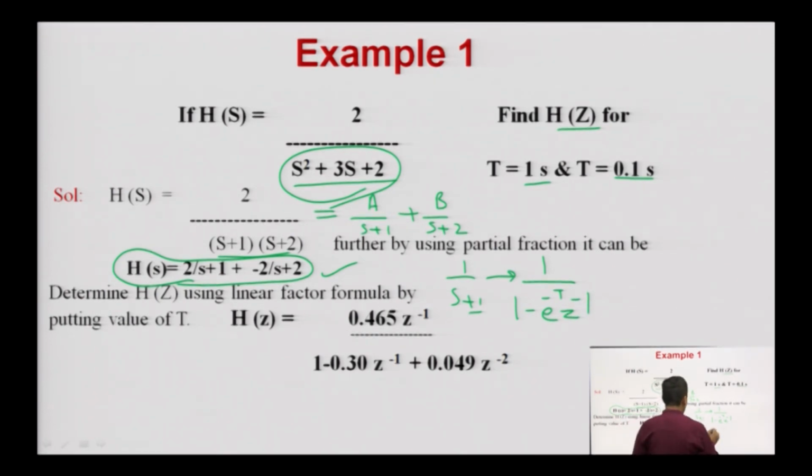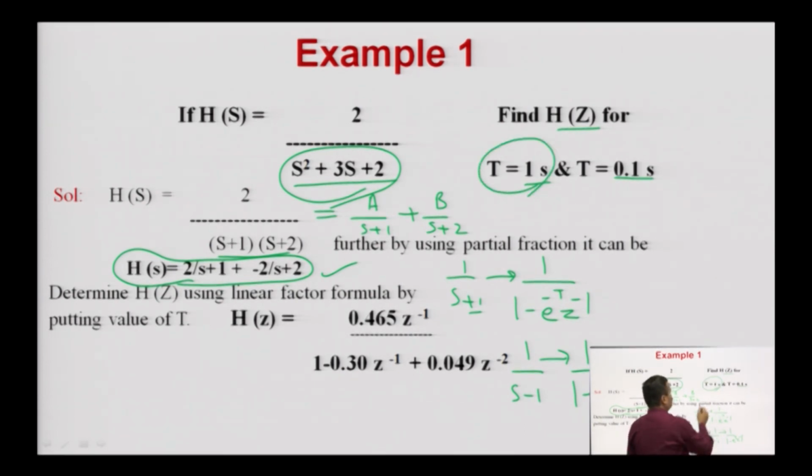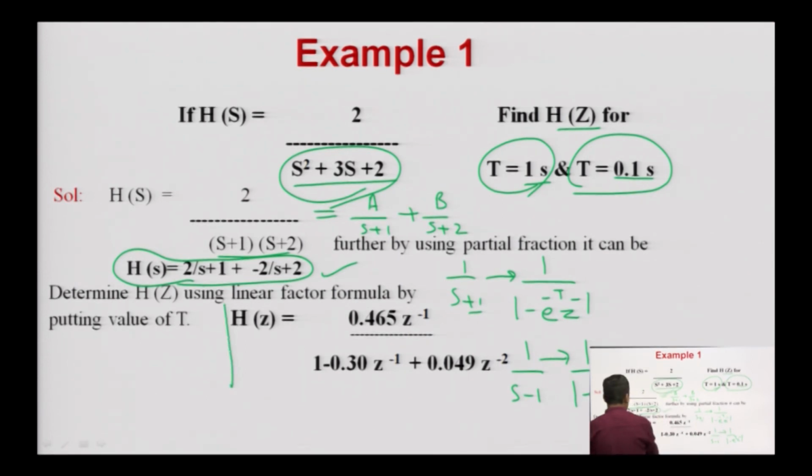Similarly, if it is 1 upon s minus 1, it will be converted into 1 upon 1 minus e to the power T z to the power minus 1, and you have to put the value of T, because T is given here. If T is equal to 1 second, you can calculate the value and you will get the final expression.